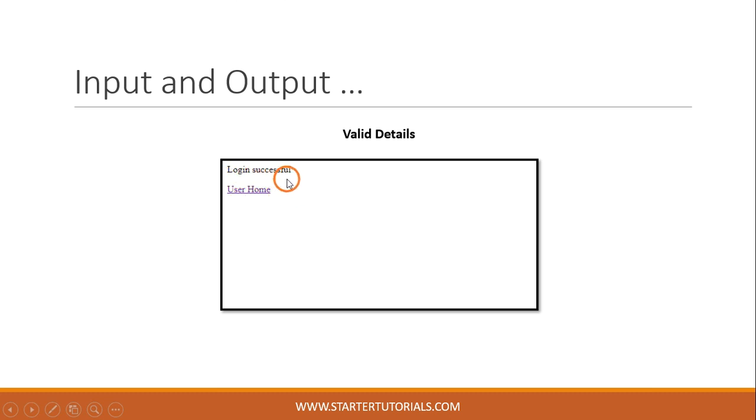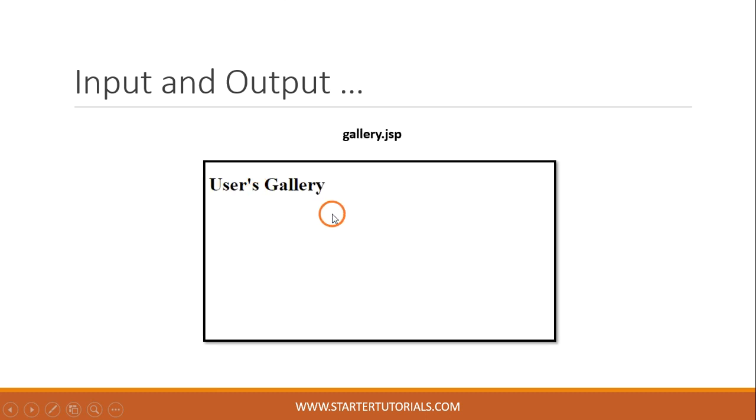It will display login successful, and below that it is going to display a hyperlink, like going to the user home page. When you click on this home page, you are going to be forwarded to this JSP page, which is gallery.jsp.